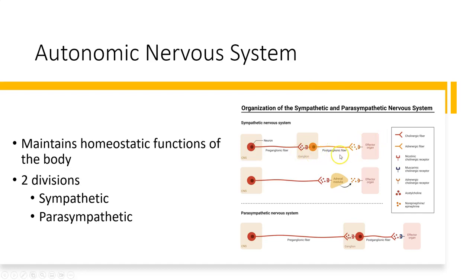The sympathetic postganglionic fiber is an adrenergic fiber that releases the catecholamines, norepinephrine and epinephrine at the effector organ. While the parasympathetic nervous system postganglionic fiber is a cholinergic fiber that releases acetylcholine at the effector organ.